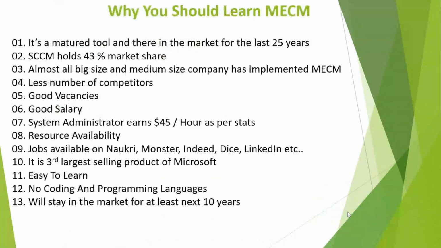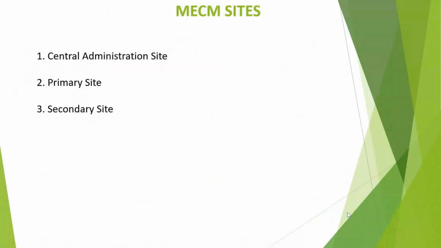Now, we have three site servers as we discussed yesterday: central administration site, primary site, and secondary site. These three site servers are separately installed. We cannot mix them together. They are installed on Windows Server. You can't install them on Linux boxes or Mac operating system.